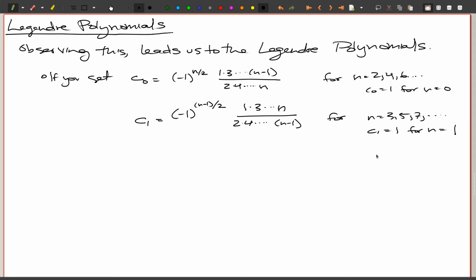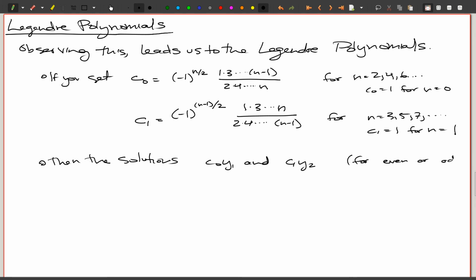Then the solutions we get out of this are c0 times y1 and c1 times y2, again only thinking about even or odd values of n respectively.